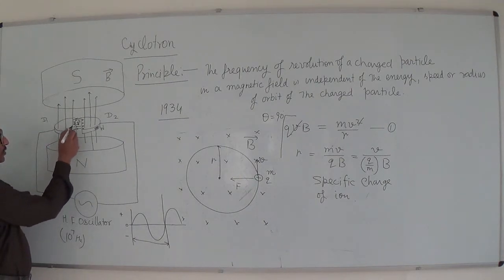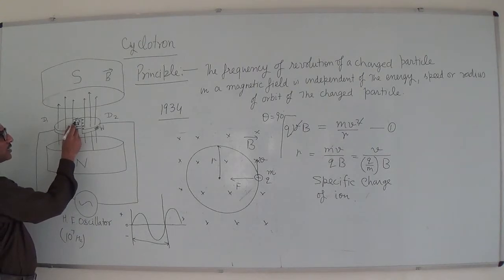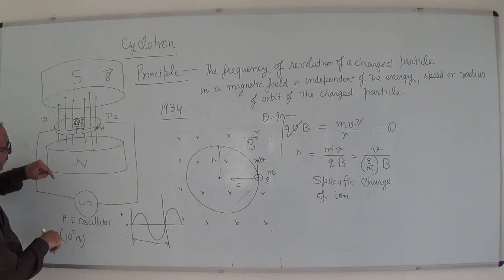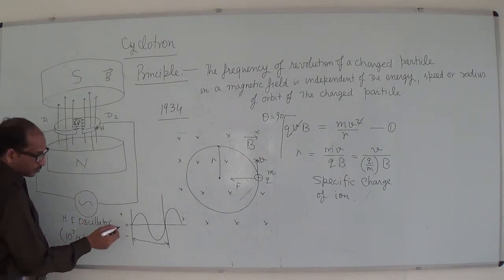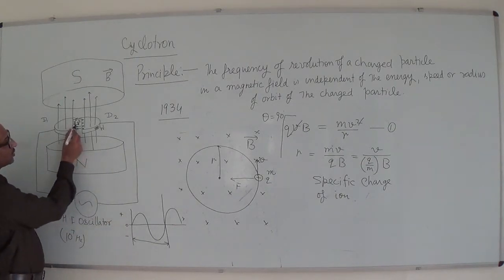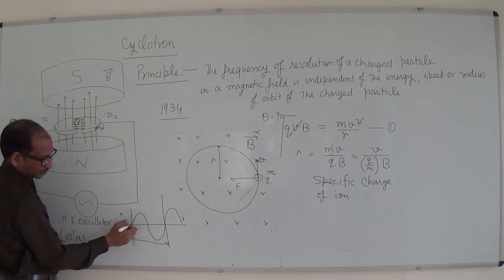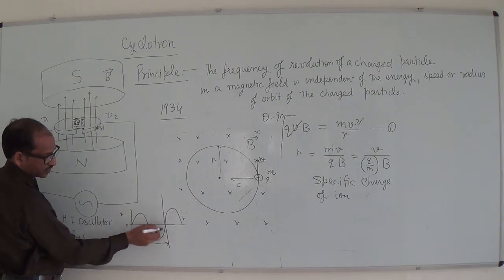Now what happens? When this charged particle enters into this particular D1 and reaches this end, the oscillator is designed in such a way that it changes its own polarity. For example, when this ion reaches here, at the same time this is positive, this is negative.